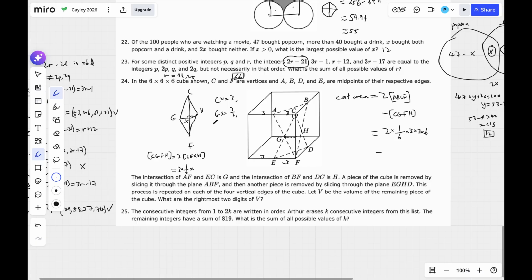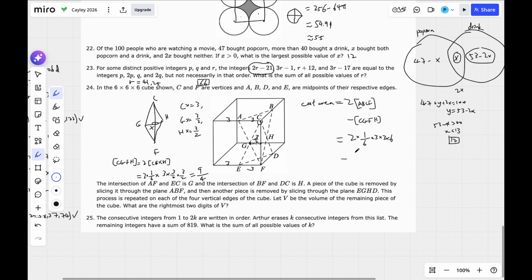Now, since we know that E is a midpoint and G is here by similar triangles, this length is half, since the height is also half. So we know that CX equals 3 and GX equals 3/2. And by symmetry, HX is also 3/2. So now we can do 2 times 1/6 times 3 times 3/2 times 3/2.